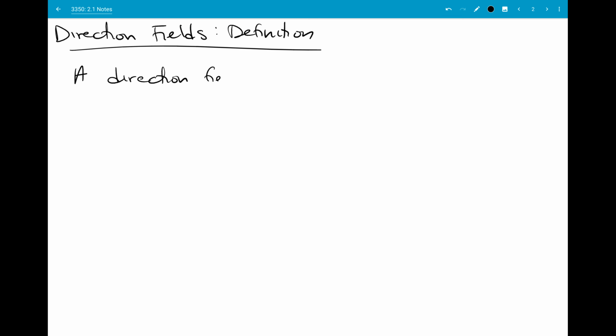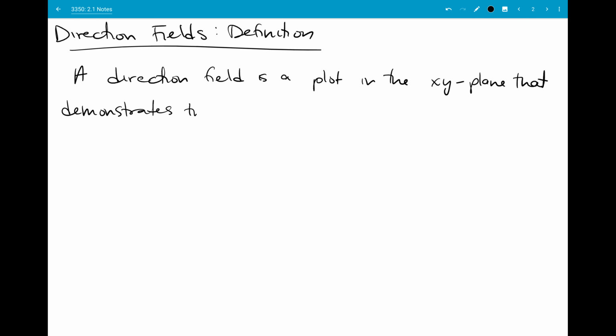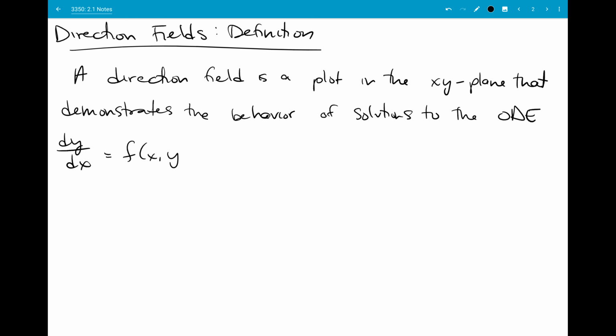But a direction field is a plot in the XY plane that demonstrates the behavior of solutions to the differential equation dy/dx equals f(x, y).